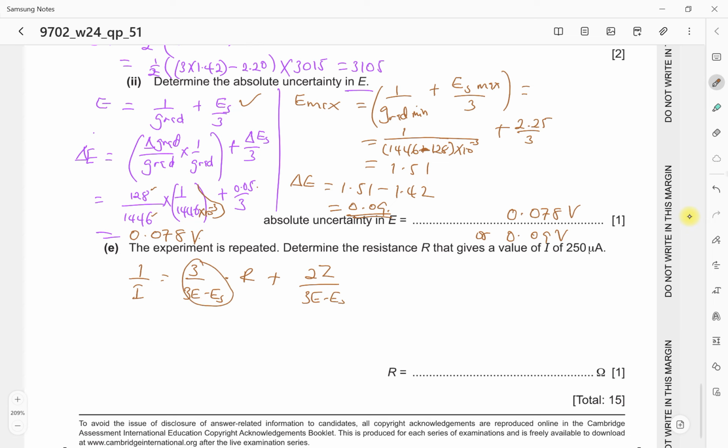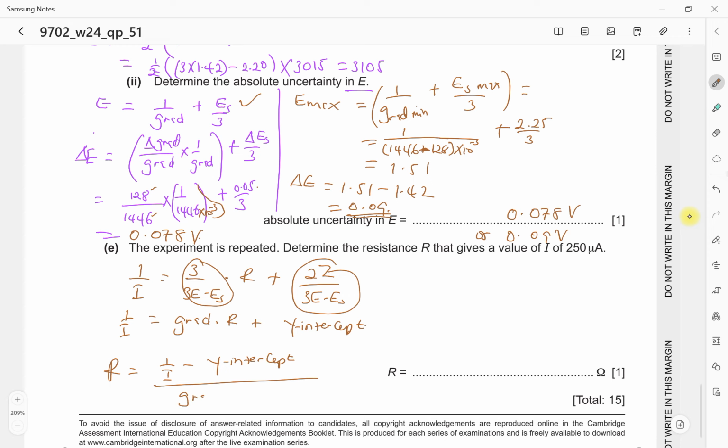This was the gradient and this was the y-intercept. So 1 over I is equal to the gradient times R plus the y-intercept. When I make R the subject, R is going to be 1 over I minus the y-intercept, then I divide this by the gradient.